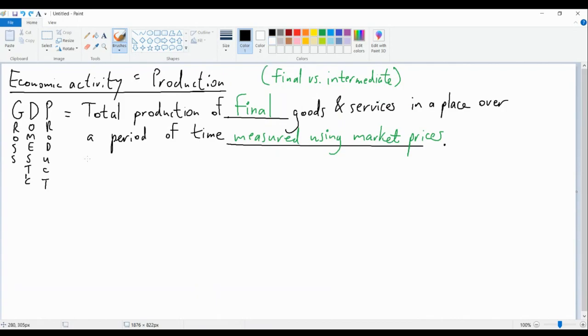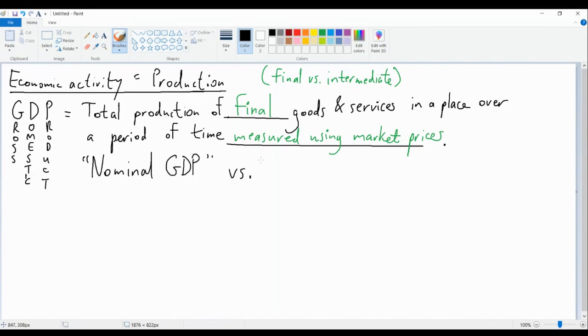So this thing that we wrote down, that is measured using the market prices from the dates when the things were produced, is known as nominal GDP. Nominal means it's measured using the prices from the date itself, as opposed to what? Well, we would like to have an alternative that doesn't confuse inflation for growth in production.